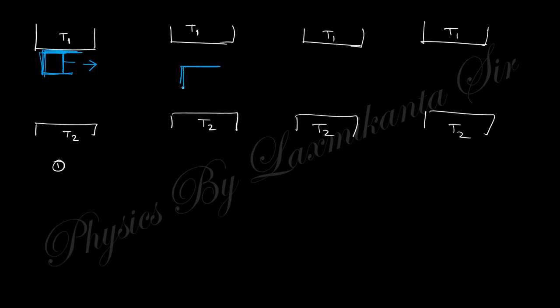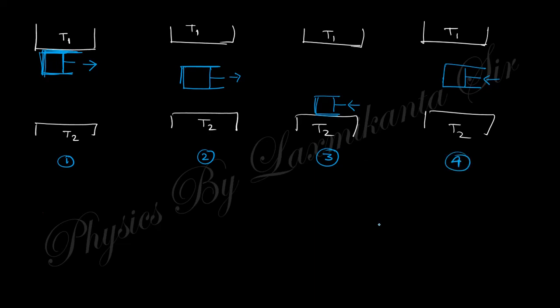Adiabatic means the temperature is not constant. Then isothermal compression at temperature T2, and then adiabatic compression. So this is process number 1, 2, 3 and 4. These are the 4 processes of the Carnot cycle.